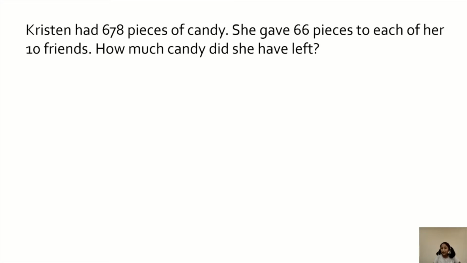Are you guys ready? Are you guys having a hard time? Here's a trick. Whenever you're multiplying by 10, 10 has 1 as its first digit, in the tens place. And whatever you're multiplying by 10, in this example, is 66.